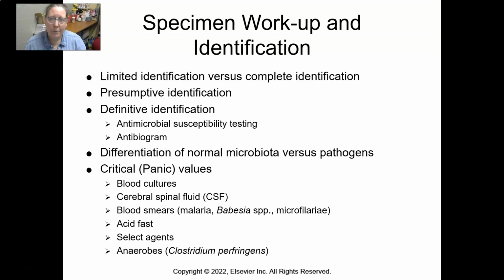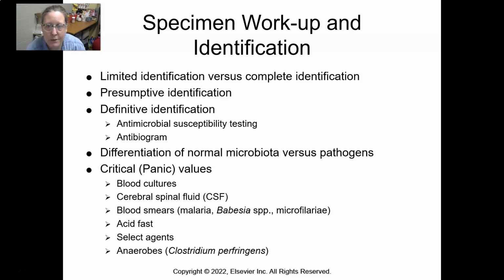And then we do a specimen workup and attempt to identify the organisms. Sometimes we can only do limited identification, and sometimes we can do complete identification. If there are biochemical panel tests that we can do, for example, your gram-positive cocci, we can do complete identification because we have the biochemical panels for that. But if you're growing gram-positive rods, it might be more limited.